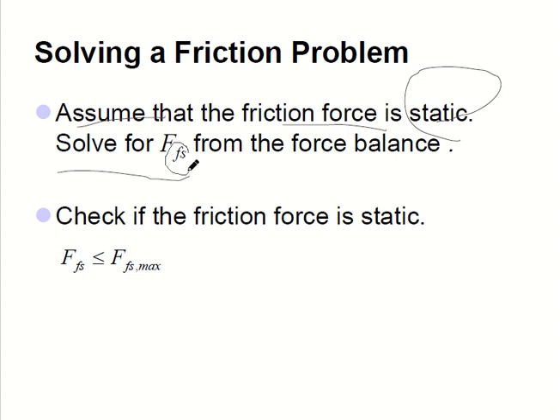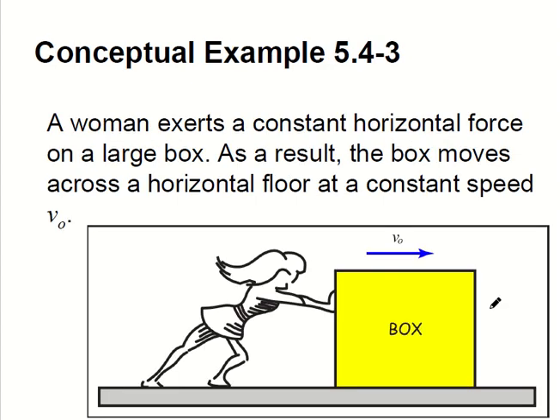Force is automatically understood. Every time you say friction, you know that it is a force. We only check if it's static or kinetic from the force balance. So here we have a static. We're going to check if the friction force is static, and we have a maximum static friction to overcome. So you can see this static friction is less, so therefore there is no motion in that situation.